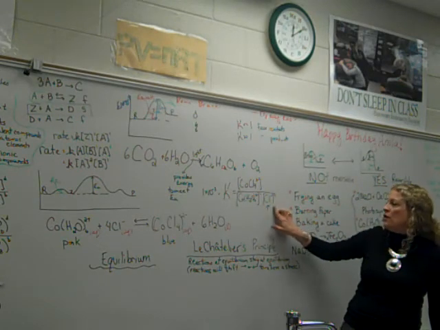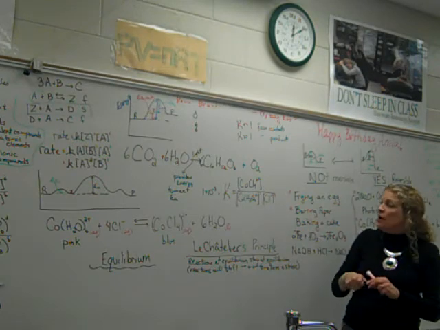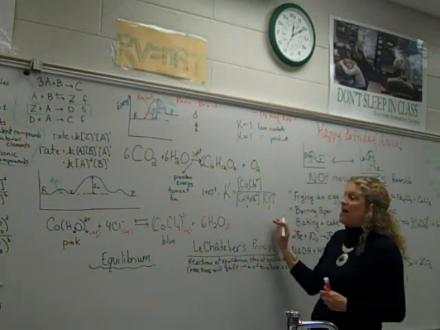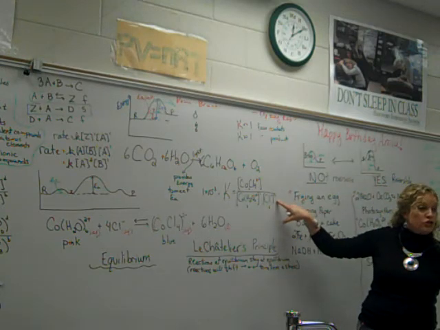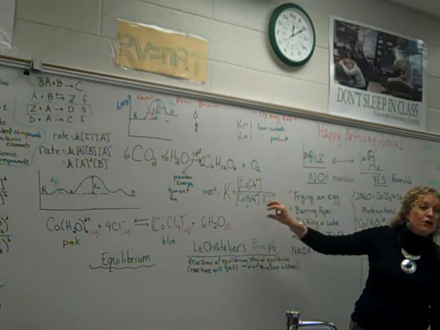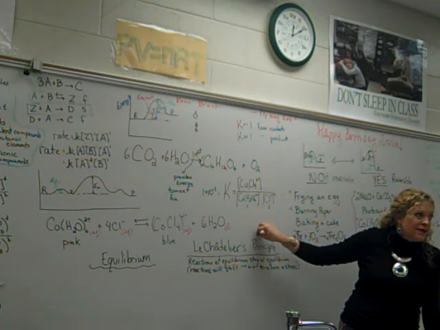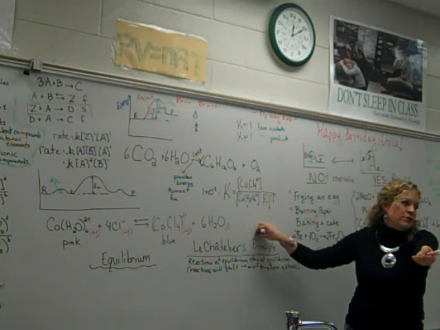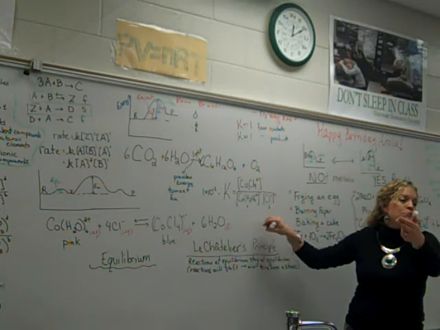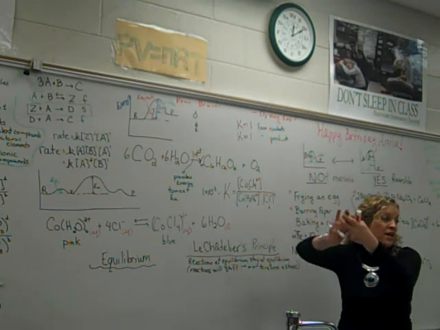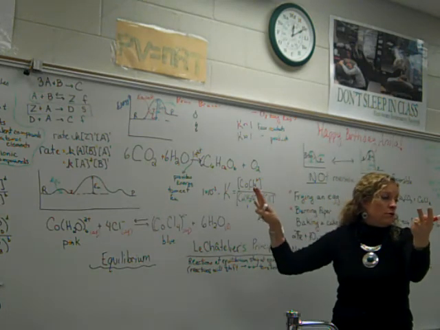This is going to be low. You're going to take a lower, so by adding water, I diluted all of these. This went down, this went down, this went down. But this one, because we raised it to the fourth power, went down more than everything else. So if you decrease the denominator, what happens to the overall value? If you make the bottom smaller, it makes everything bigger, right?